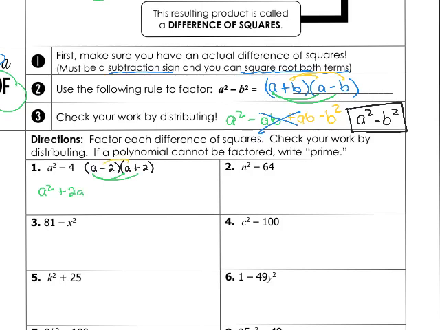Negative 2 times a is negative 2a. Negative 2 times positive 2 is minus 4. So what am I left with? I'm left with a squared, these guys zero out, and minus 4. So, therefore, I know that these two factors work to create the product a squared minus 4.